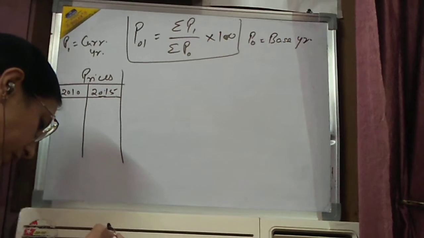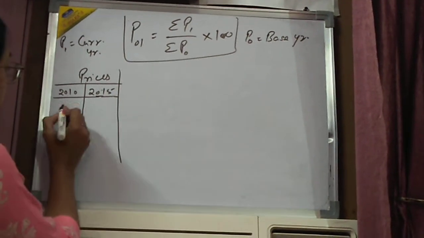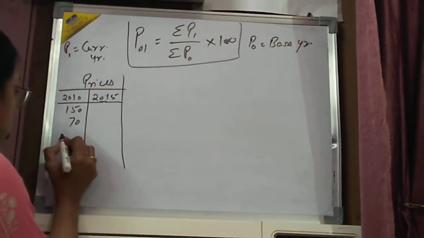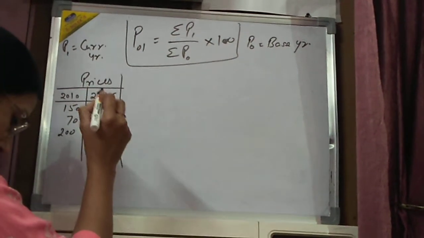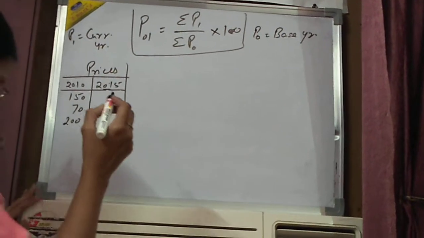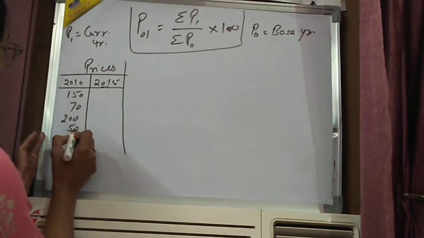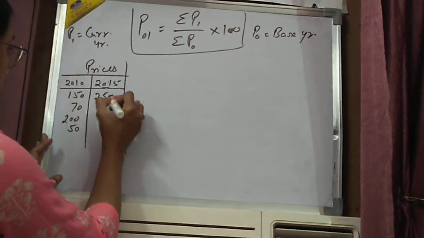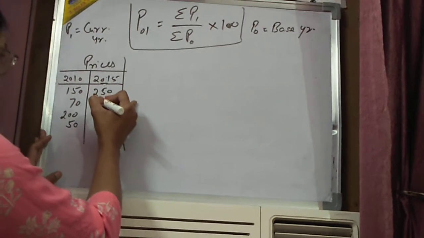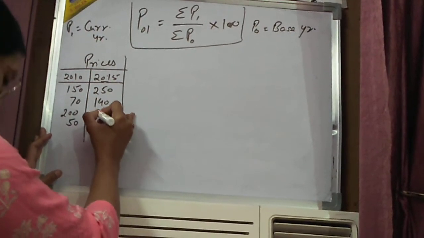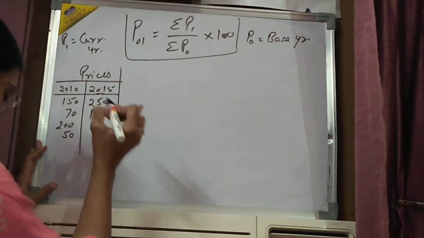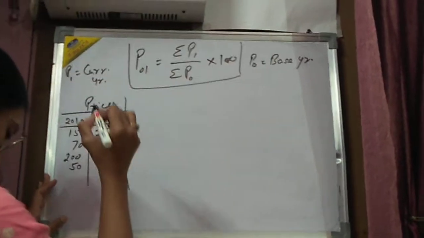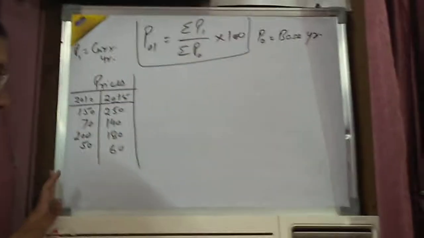In 2010 the prices are, suppose, 150, 70, 200 and 50. And in 2015 the prices are 250, 140, 180 and 60. Suppose these prices are given to you.